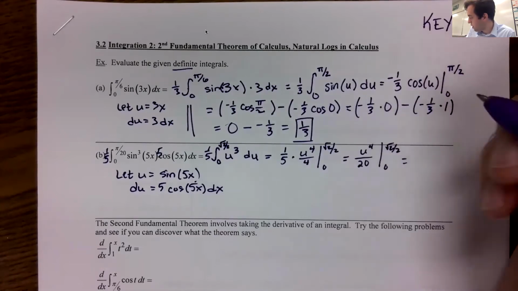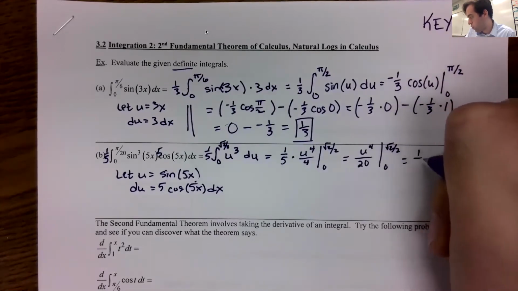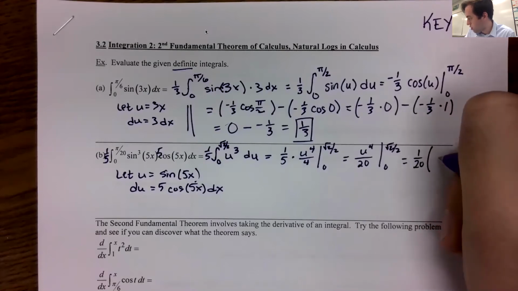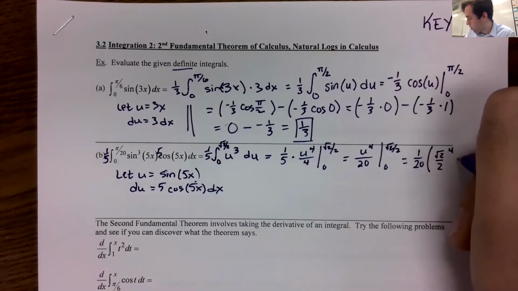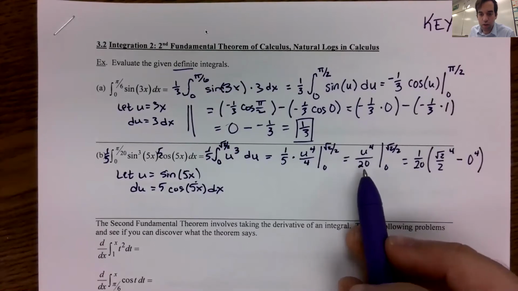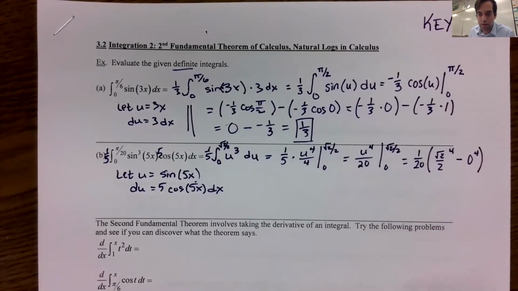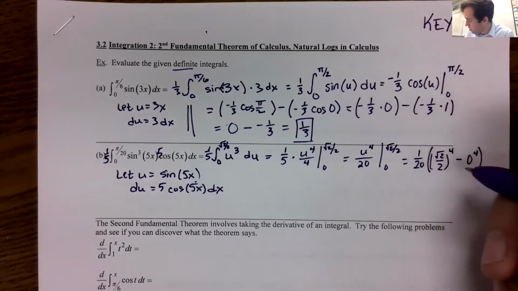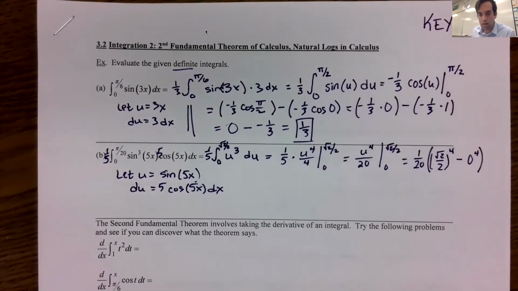So it's going to be, in other words, 1 over 20 times root 2 over 2 to the 4th minus 0 to the 4th. I just pulled the 1/20th out in front so I wouldn't have to write it 2 different times. This is quantity to the 4th.